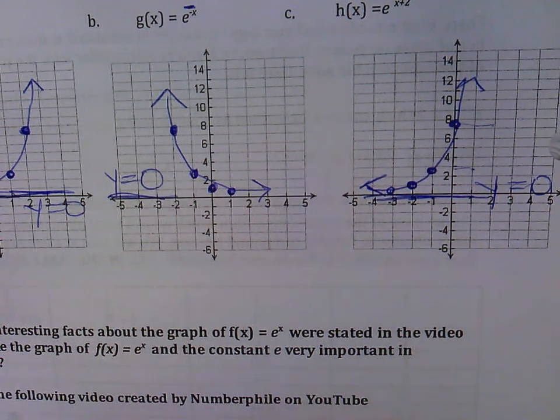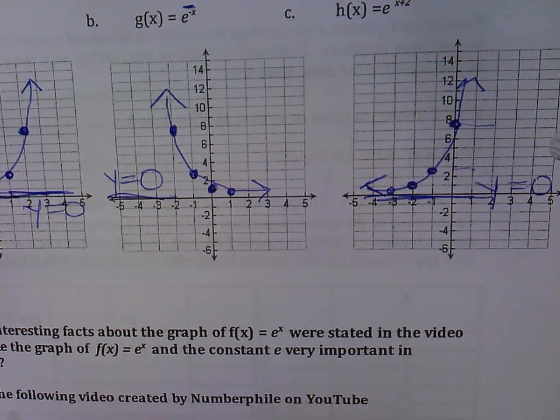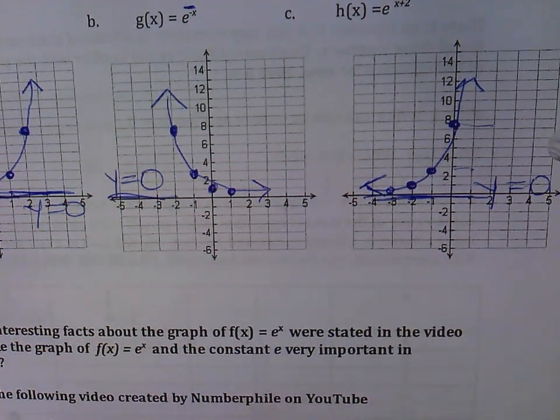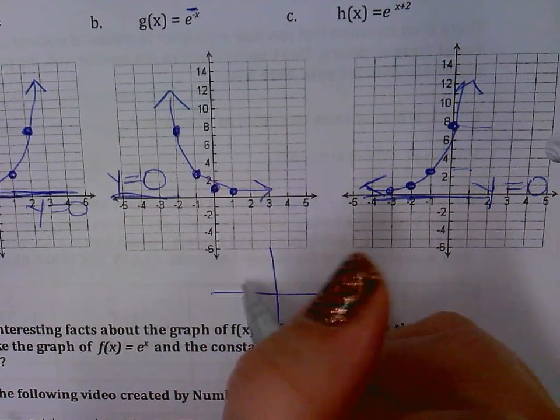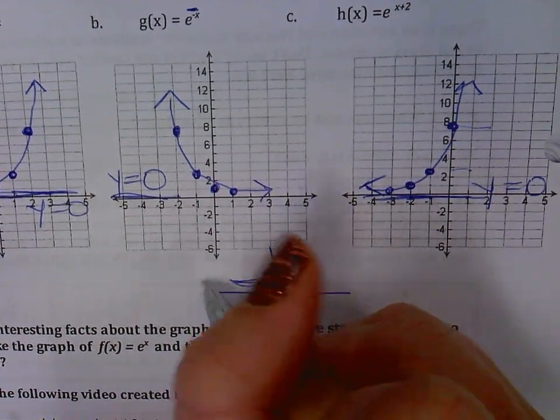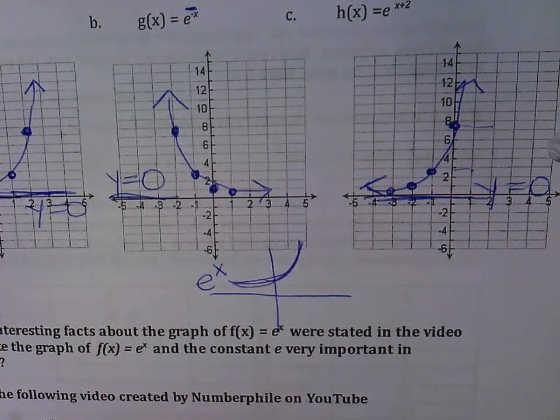Does anyone remember what he said in the video? What 2 interesting facts about the graph e to the x were stated in the video that make it important in calculus? So I'm going to tell you, even though I don't know if all of you are going to take calculus, but if you are, the e to the x curve, basically the 2 things you study in calculus are derivatives.